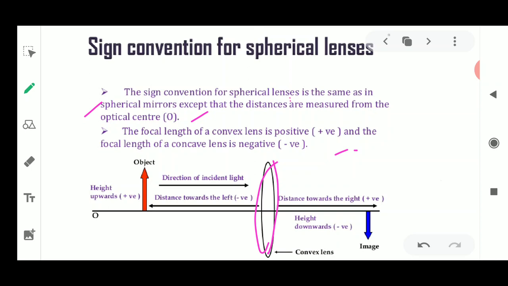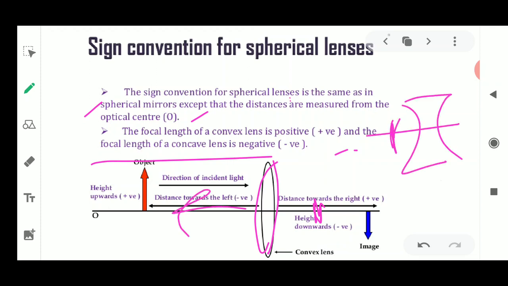Why? Because the focus is present on the right side, that is why we always take it as positive. And the focal length of a concave lens is always negative, because a concave lens has its focus on the left side. That is why we use the focus for the sign conventions.